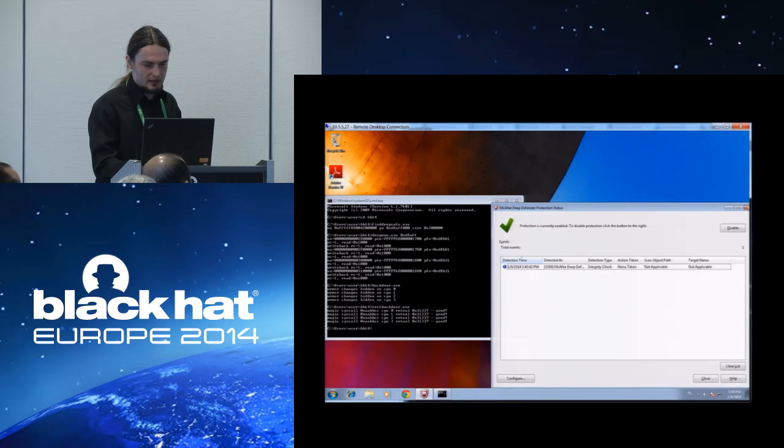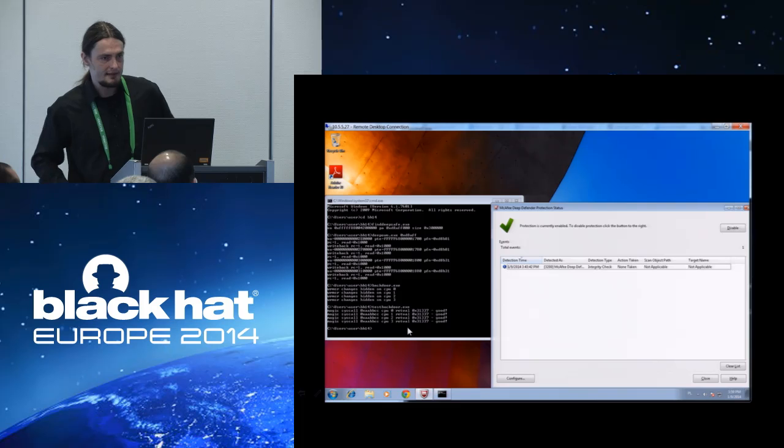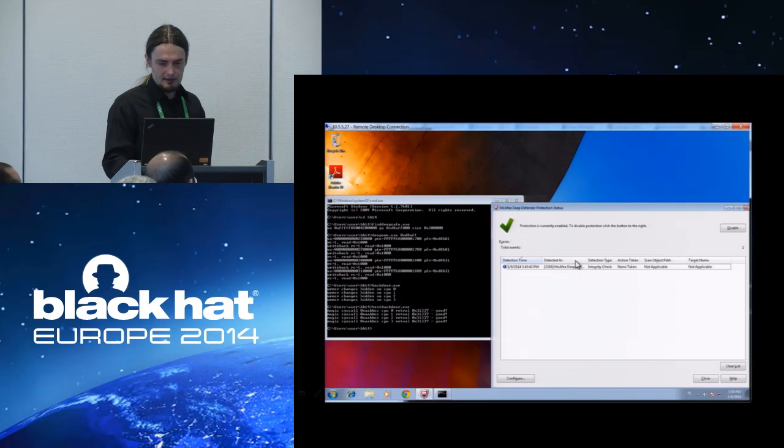What happens here is that first you find the location of DeepSafe in physical address space, then you overwrite it, and then you can run a backdoor that gets full control over the Windows VM without the Windows VM noticing it at all. You can see that some system calls return magic values. It means the Windows kernel is totally compromised, but PatchGuard doesn't see anything, and DeepSafe does not see anything.